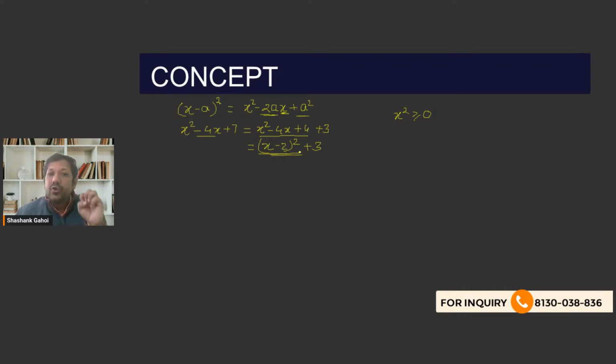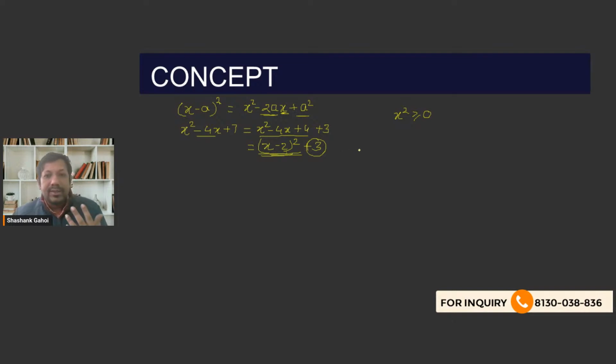It is always going to be either 0 or positive, right? So if it is 0, the value of the function becomes 3. That is going to be the minimum value. If it is 1, then the value of the function will be 4. So the minimum value of this function is going to be 3. So that's how we calculate the minimum value of this function.